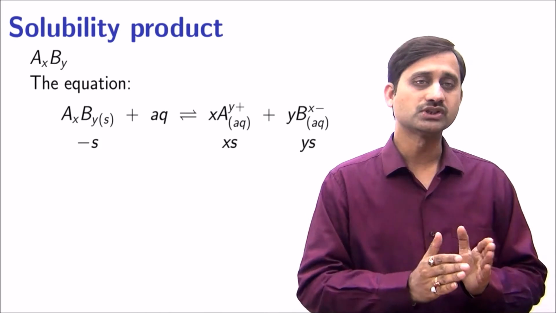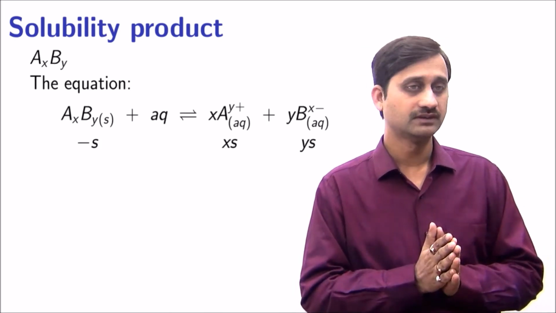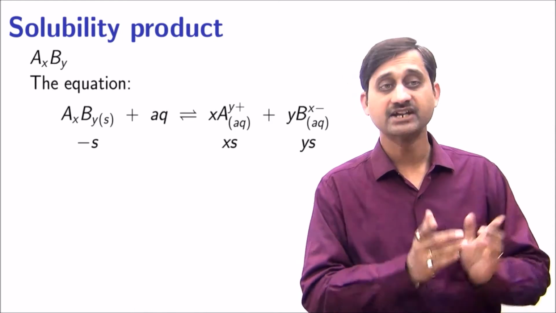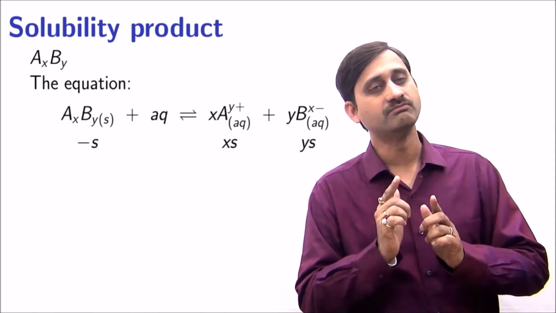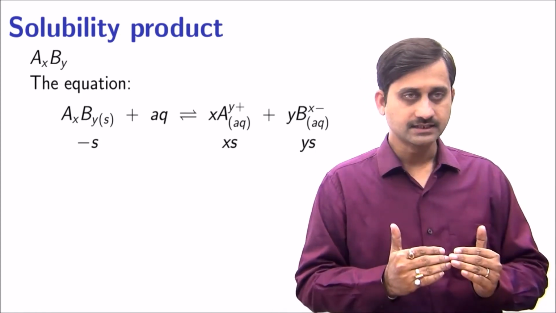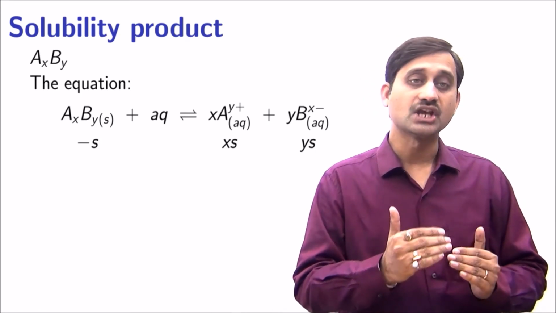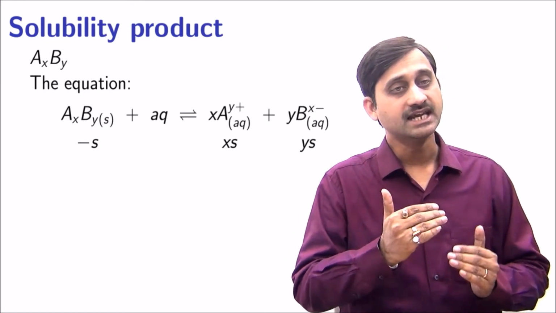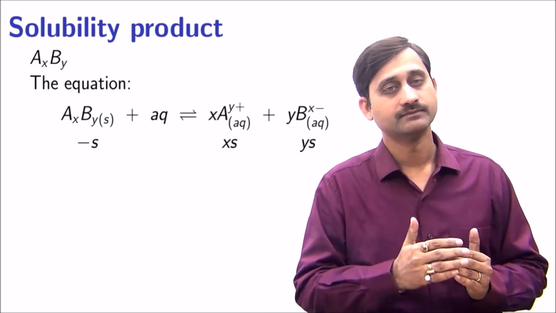So when S moles of AxBy dissolve, xS moles of A^y+ and yS moles of B^x- will be formed. In this case, the concentration of A is raised to power x, while the concentration of B is raised to power y.